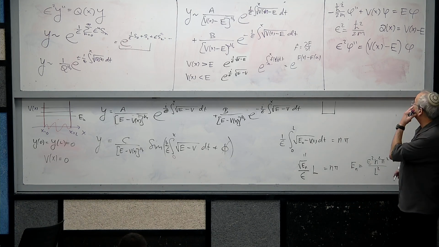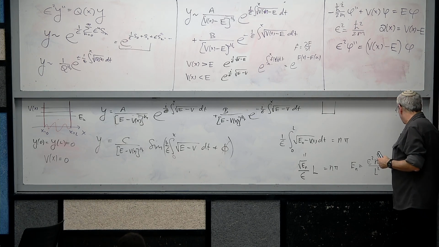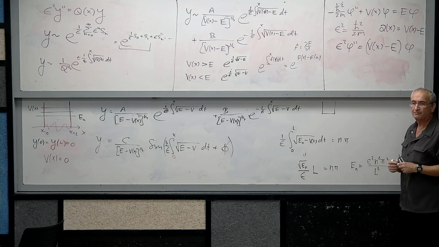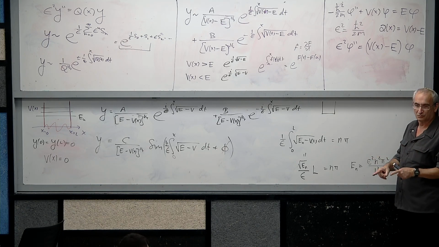And now, if I plug in epsilon as h bar squared over 2m, I will get h bar squared pi squared n squared over 2m L squared, which happens to be the correct solution. It's just a miracle, right? It's an accident that this is the exact solution.